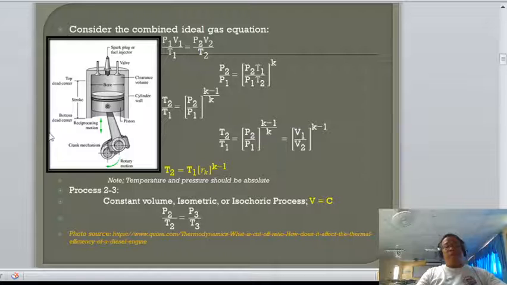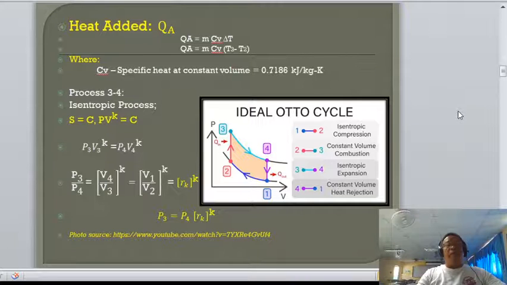So constant volume, isometric, and isochoric are all constant volume processes. For a constant volume process, by using the combined ideal gas equation and eliminating the volumes, this equation becomes P sub 2 over T sub 2 equals P sub 3 over T sub 3.